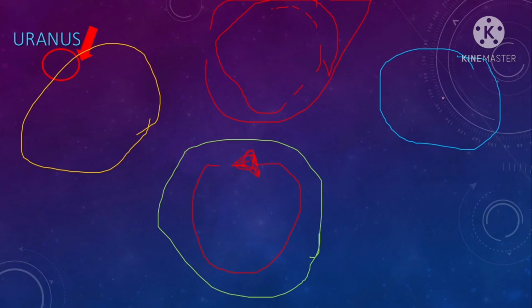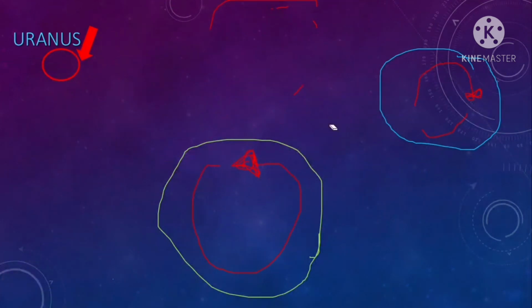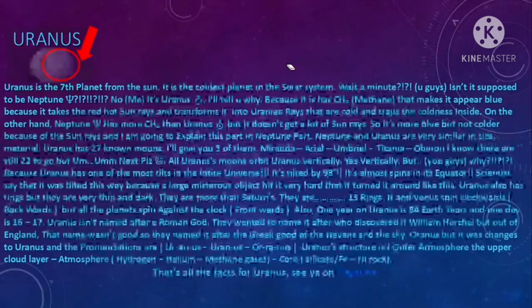Okay, and here Uranus spins with the clock, like this, and it and Venus. But Venus takes much longer to make a day than Uranus. Uranus makes a day. Okay, don't make anything. We know that they spin backwards.